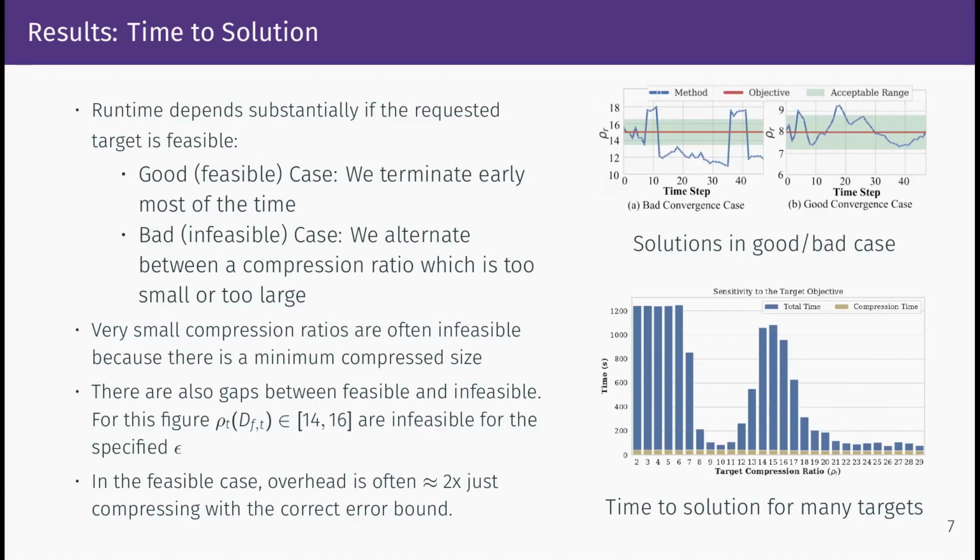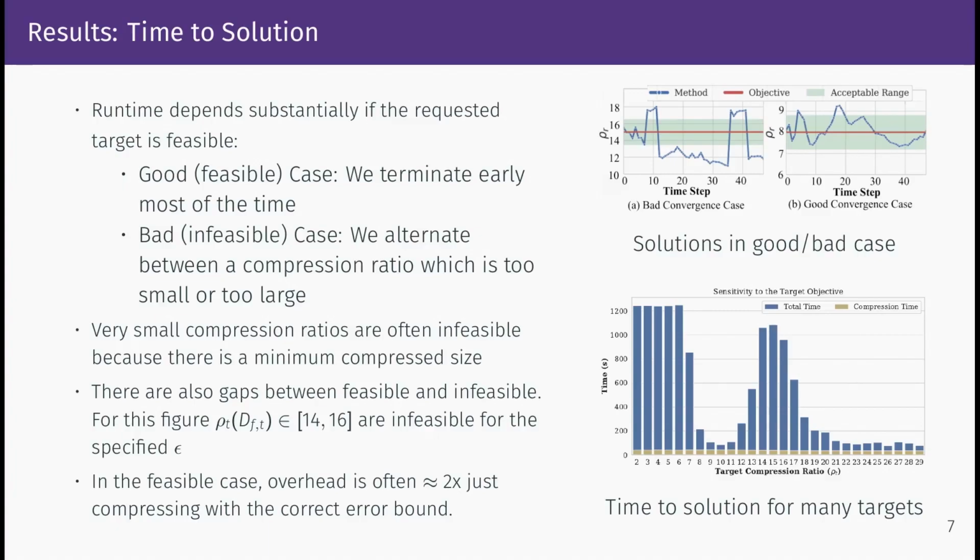So overall, how much time does this take? You can see at the bottom of the figure the different target compression ratio times. We see this golden region. That represents the amount of time that would be required if we took exactly the correct error bound on our first guess every single time.